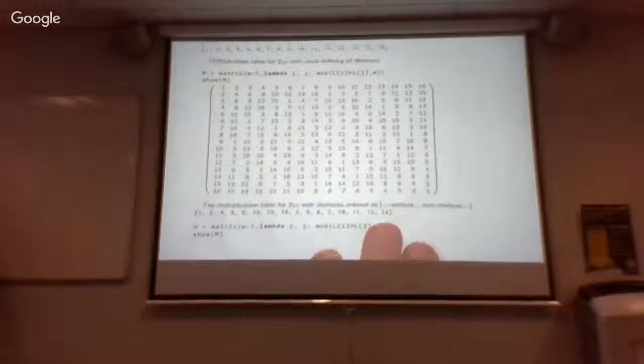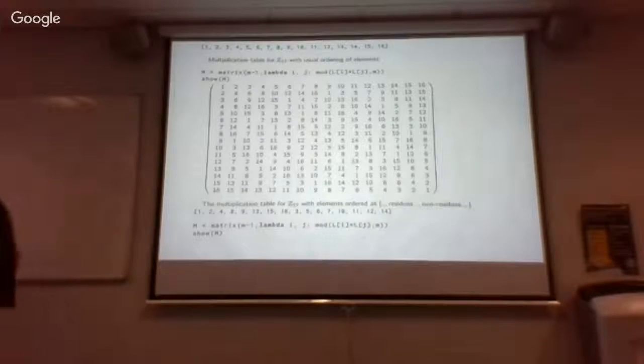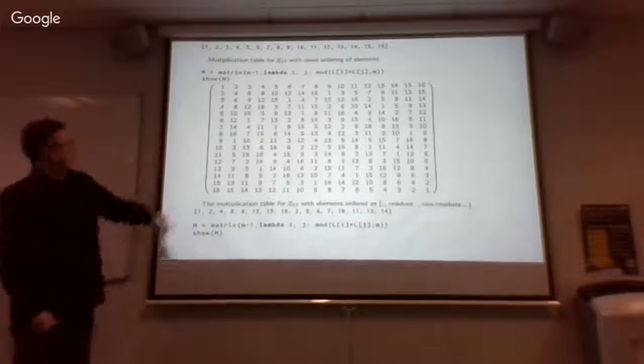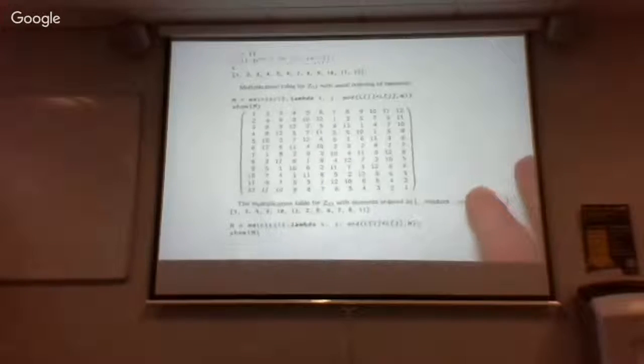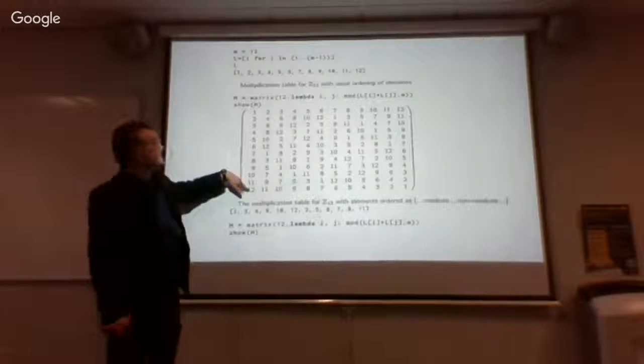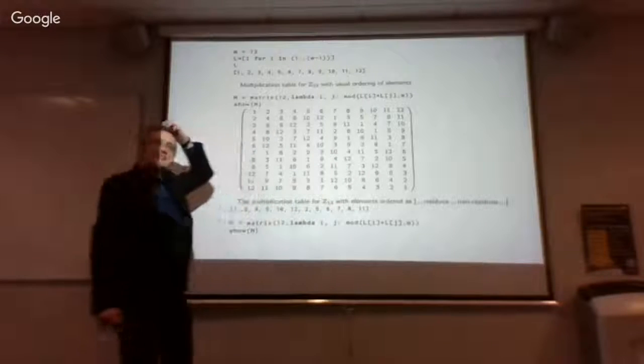One way we might try and discover something is to look at the multiplication table. So I prepared this. This is the multiplication table modulo 13. Sorry, that's modulo 17. Let's look at this one first, modulo 13. So these are all the elements 1 through 12, and that's what the multiplication table looks like.